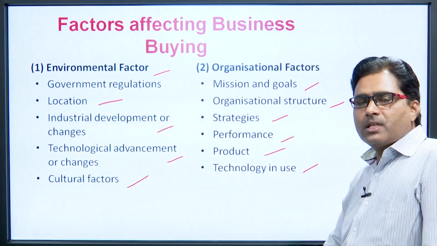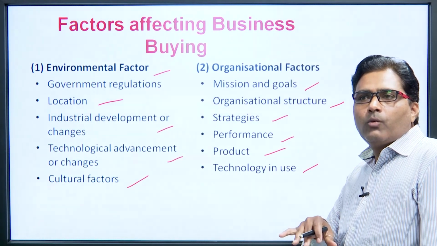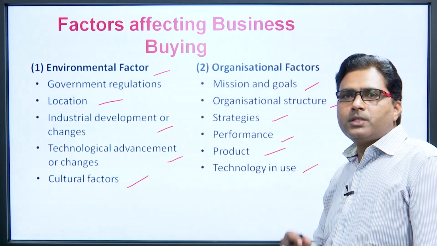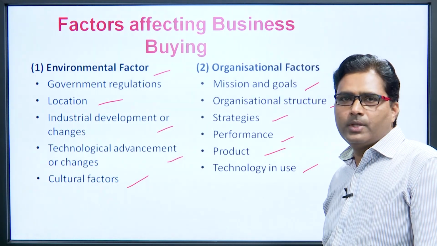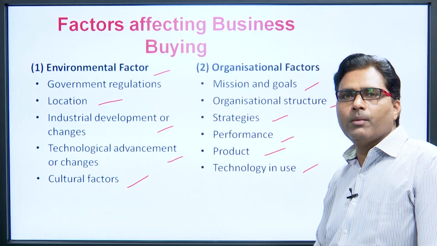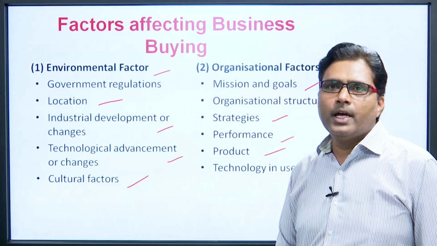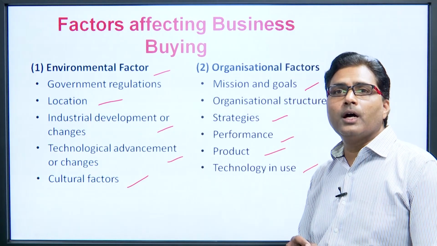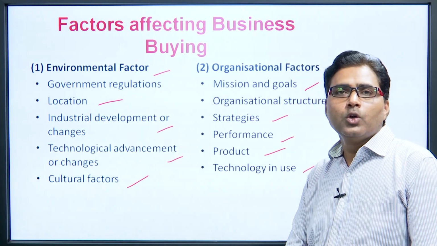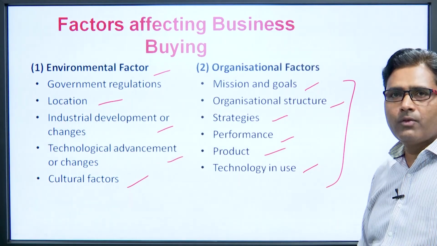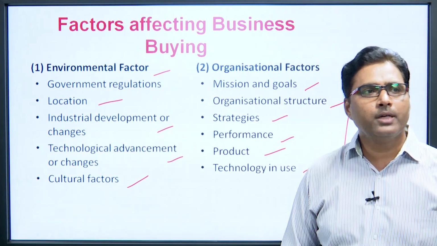Technology, the existing technology the organizations are keeping in use. If they go with buying different kinds of services and goods, that may support the technology that is in use in the company itself. So, these are the organizational factors having an impact on the business buying behavior.